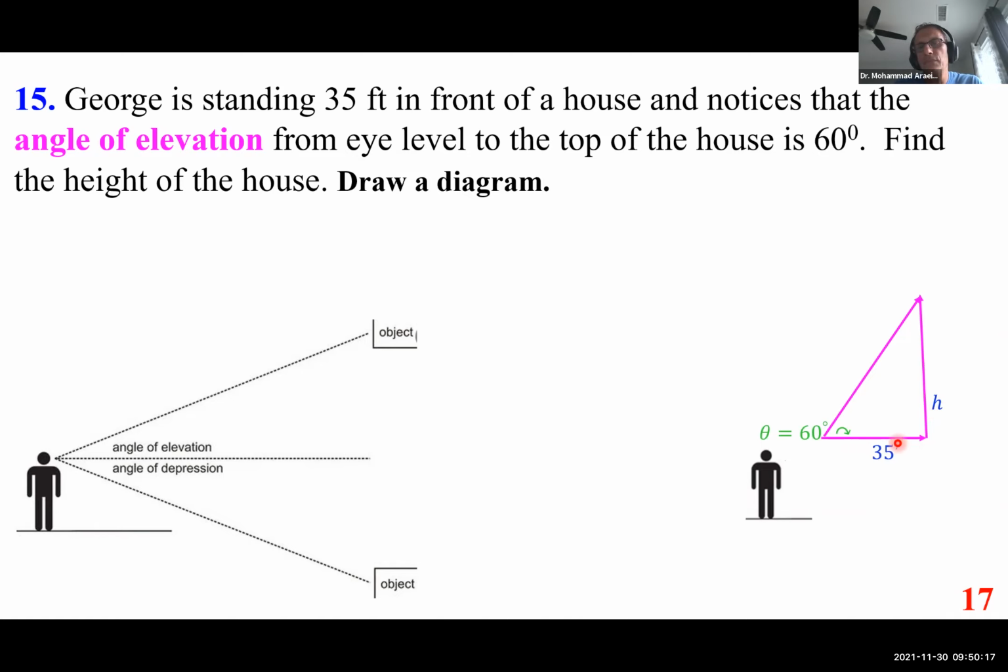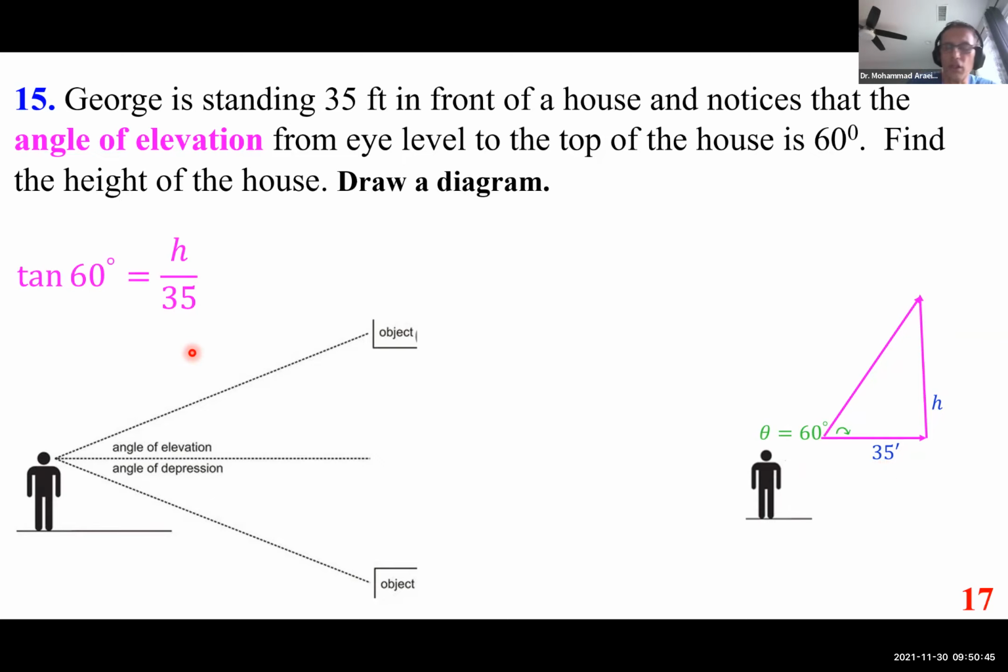So the eye level, 60 degrees, 35 feet in front of the house. We are going to calculate. Now this becomes very easy as long as we understand this concept and we have this drawing. So we can use the tangent, which is the opposite over the adjacent. Therefore, tan of 60 degrees is the missing height h over 35.